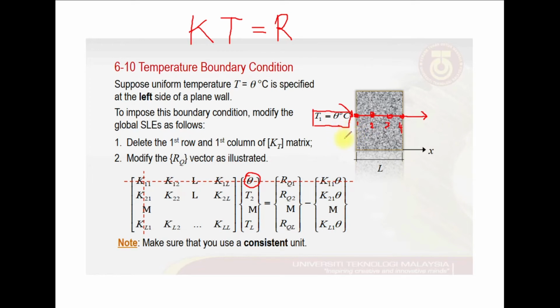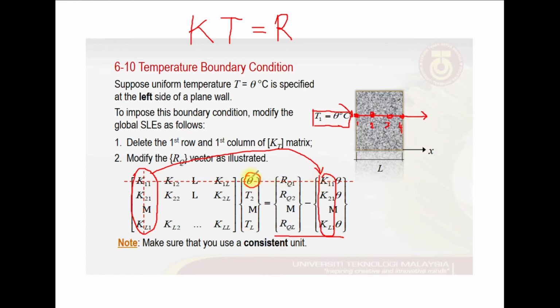But in solving the heat transfer problem using the finite element method, once we eliminate the rows and columns, we have to somehow modify the right hand side of the equation by including all the coefficients, the K values in column number 1, and bring them to the right hand side of the equation, as we can see here.